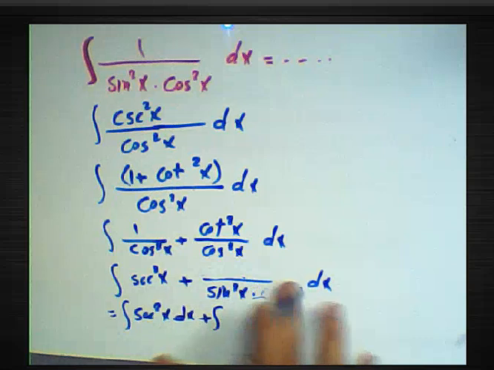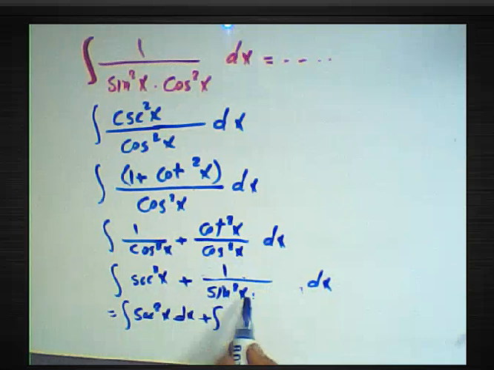We can write 1 over sine power 2x, it will be cosec power 2x dx.